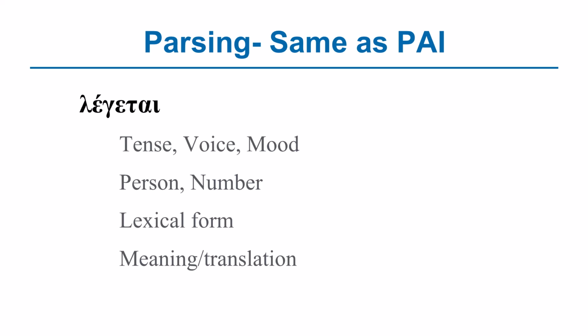We have looked at mid paradigm, which is sharing the same endings with the passive. So all these paradigms, you need to know them by heart, because without knowing them, you can't tell a word by looking at the ending, whether it's a noun or a pronoun or an adjective or a verb. So remember, there are 4 steps to follow when you're parsing. Identify the part of speech, give the details, translate, and give the lexical form.